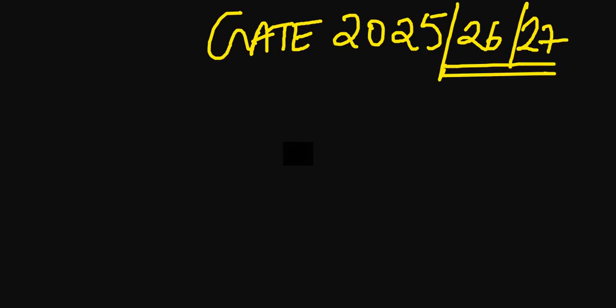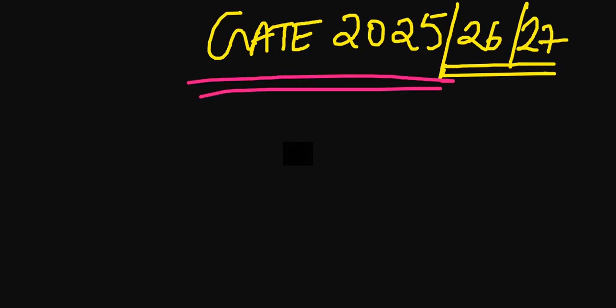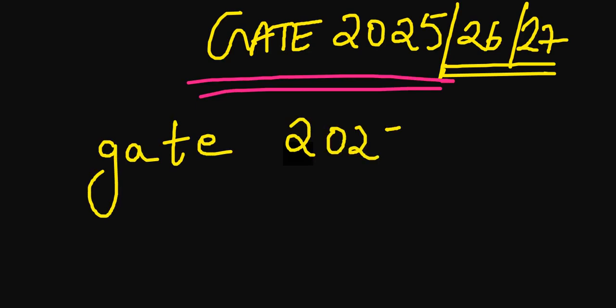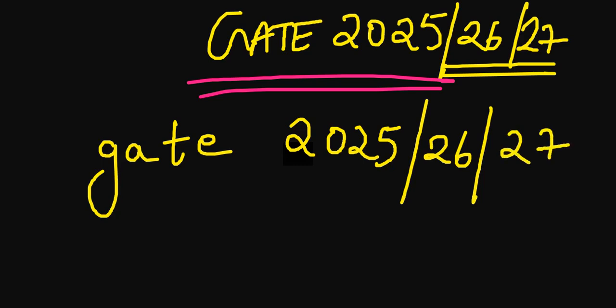So for the information, let's assume that you are giving GATE 2025. You are interested in GATE 2025, 26, 27, whatever the year you are watching this video. What you have to do is go to google.com and type GATE 2025 if you are giving this time, 2026 for the next time, and 2027 for the one after that.